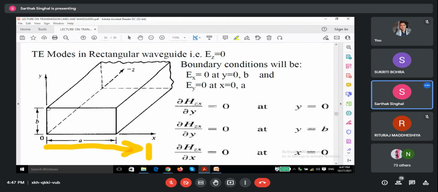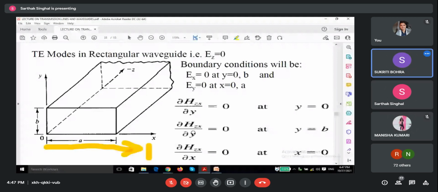And what about the Ey component? Can an electric field exist inside a conductor? No, sir.